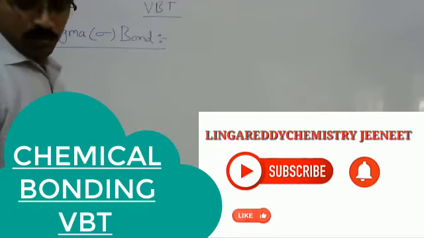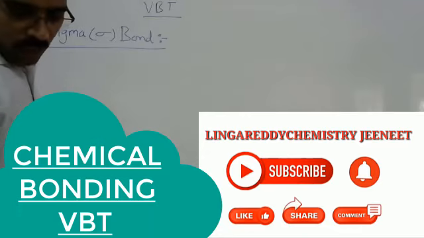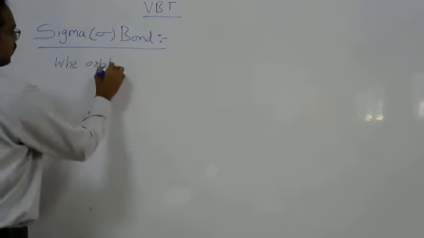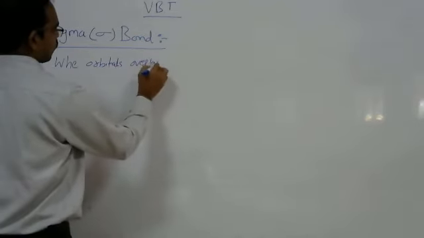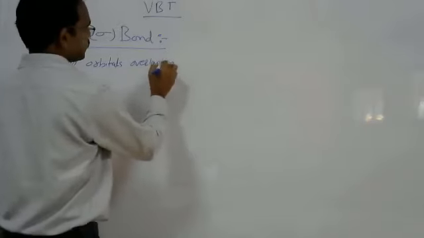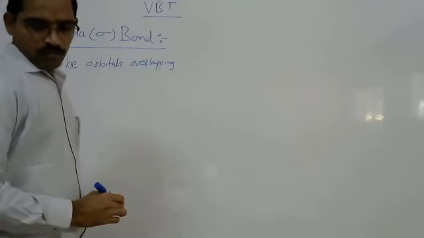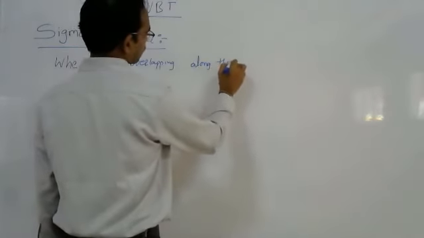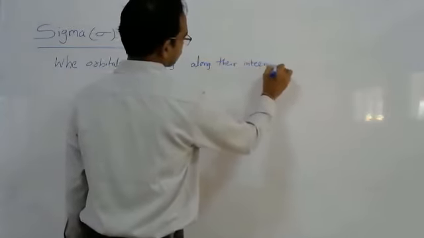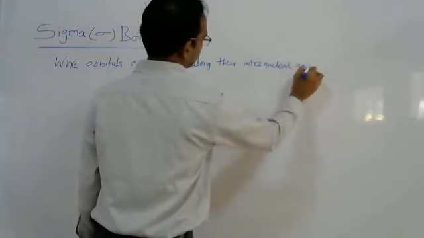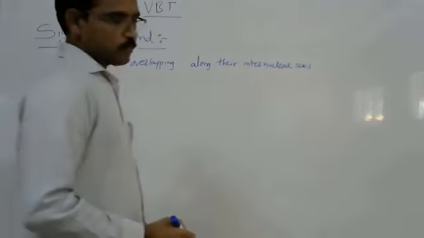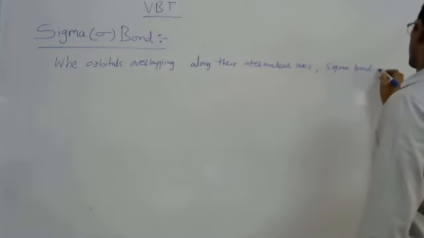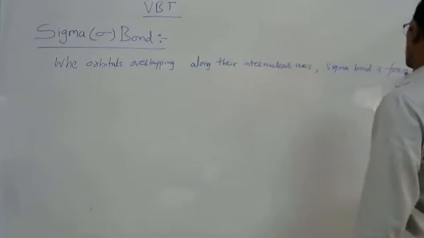Sigma bond. In VBT, we are talking about sigma bond. Write the definition: when orbitals overlapping along the internuclear axis, the sigma bond is forming.